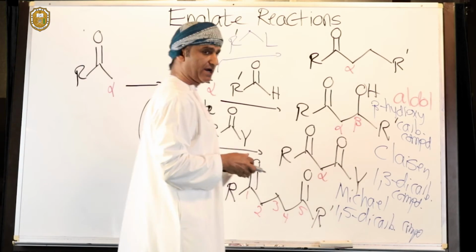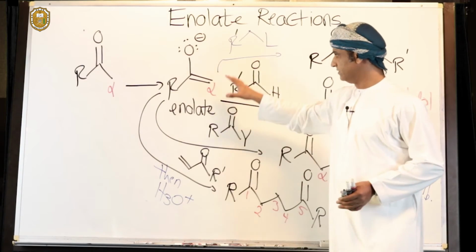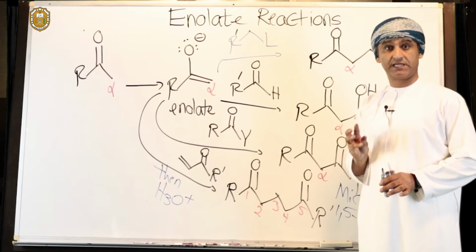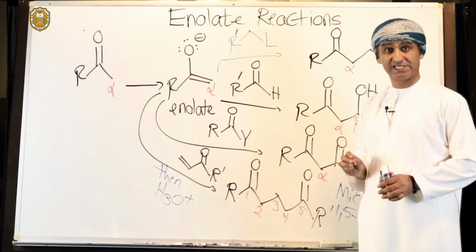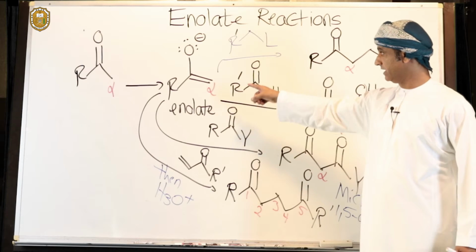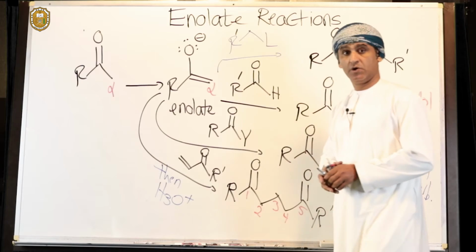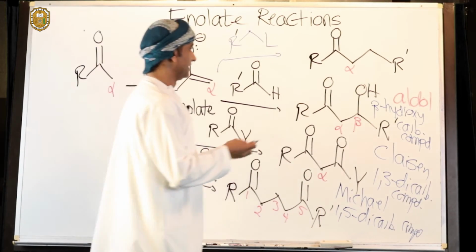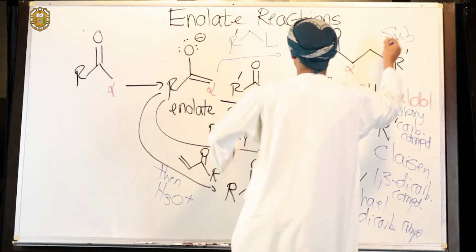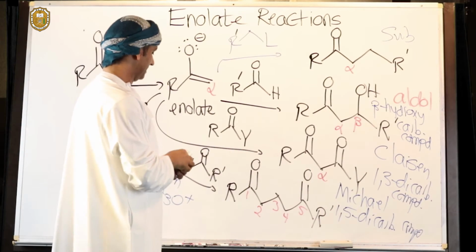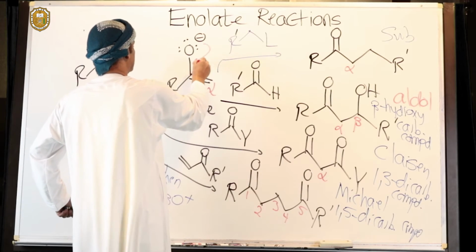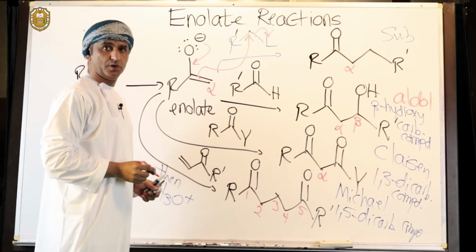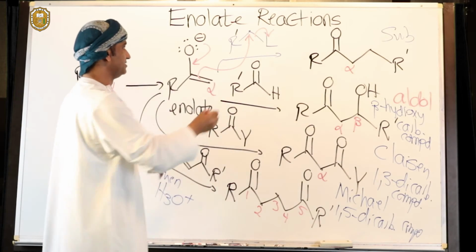So to summarize the chemistry of enolates, an enolate is very versatile, given its nucleophilic feature. It can react with all kinds of electrophiles. If the enolate reacts with an alkyl halide, for example, or a substrate with a leaving group, then a substitution reaction takes place. This is SN2 type reaction.